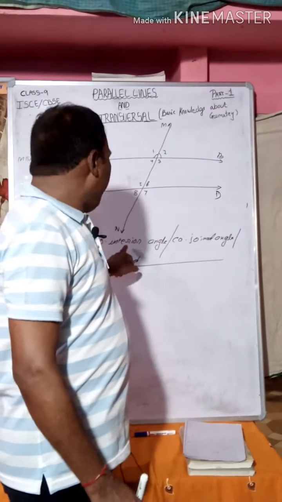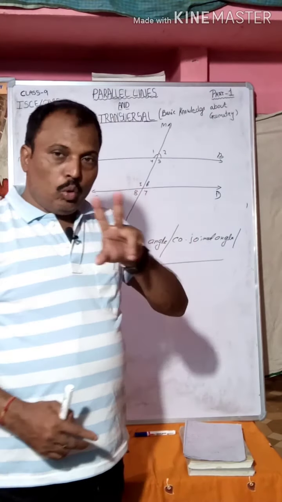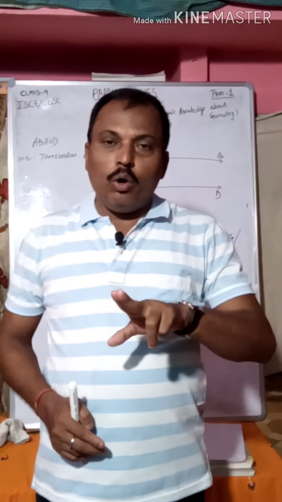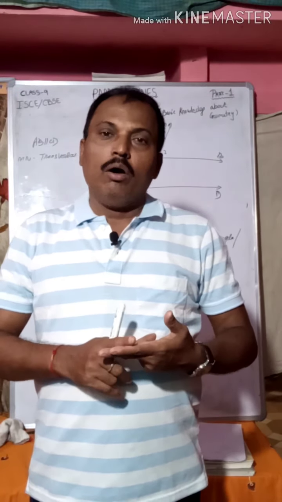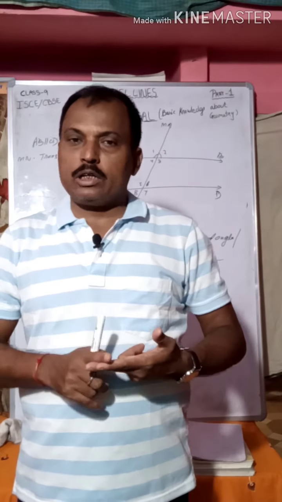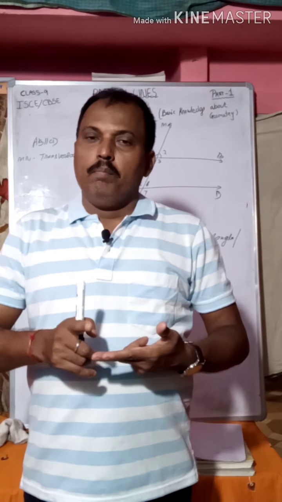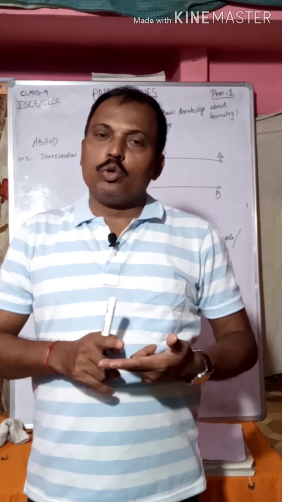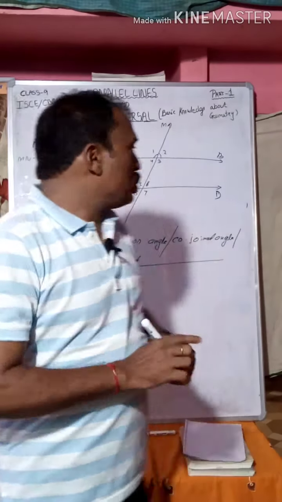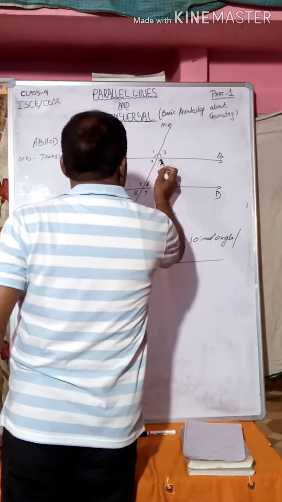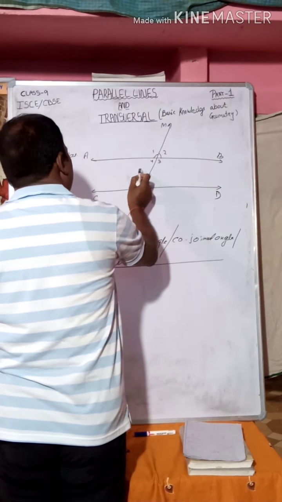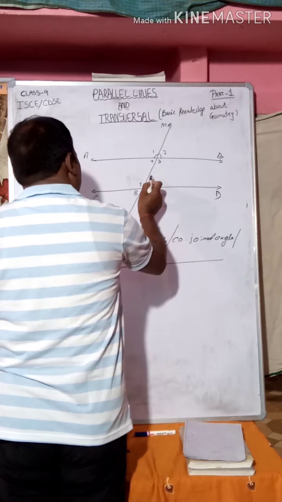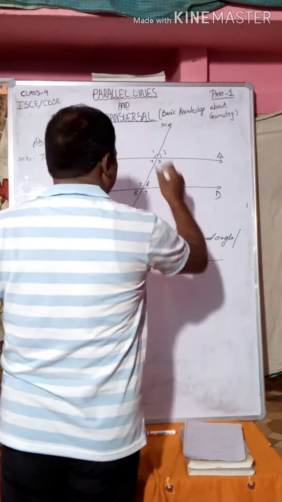But two angles are said to be co-interior angles if they are on the same side of the transversal and are internal angles. On the same side of the transversal, only two angles are there, 3 and 6, and on the alternate side 4 and 5. So these are co-interior angles.